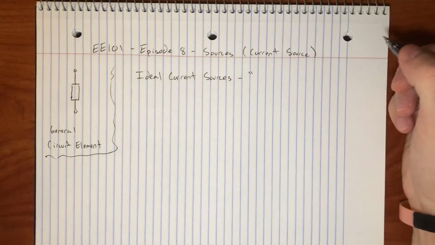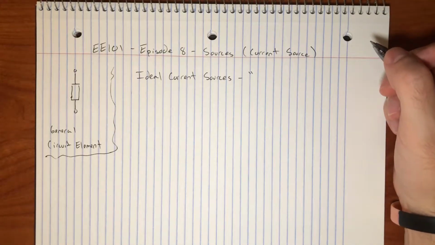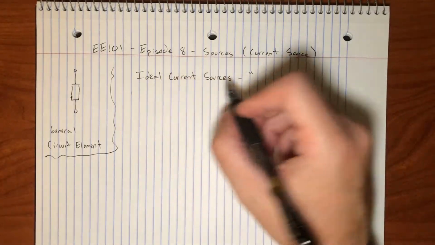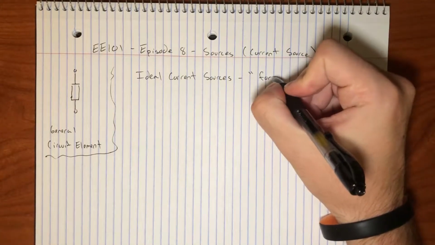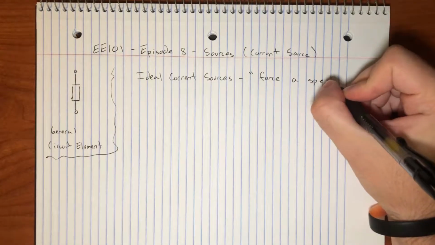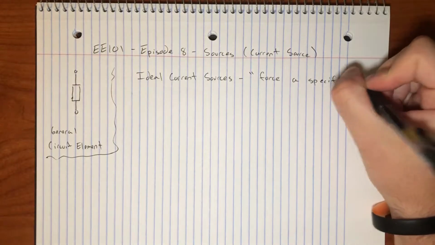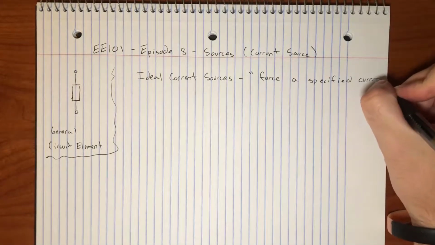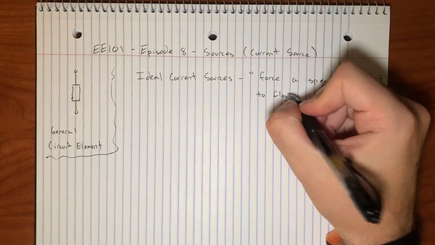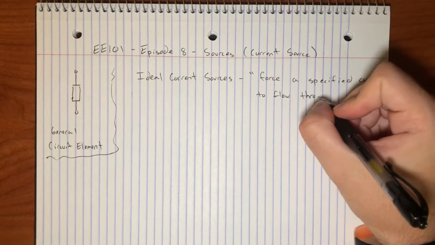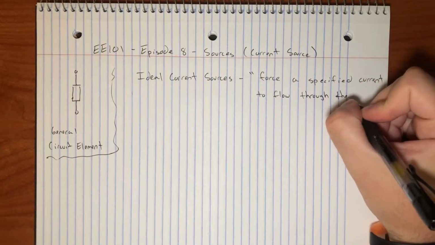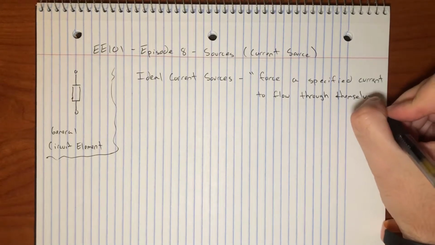But here is the definition of the ideal current source. An ideal current source forces a specified current to flow through itself.